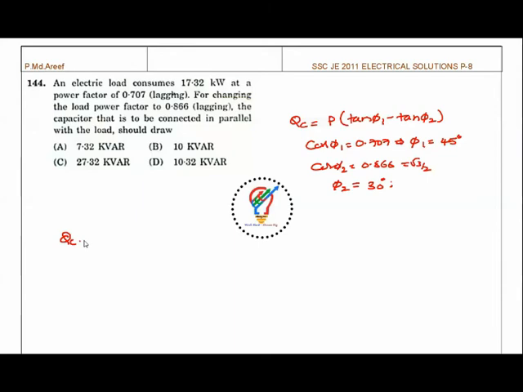Now QC is equal to 17.32 kilowatts into tan 45 minus tan 30 degrees. If you substitute this, you get 7.32 kVAR as the answer. The answer is A.